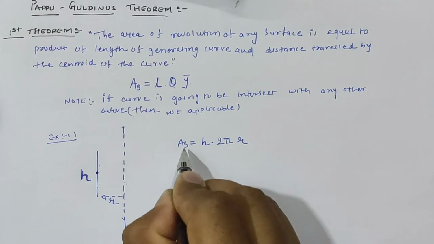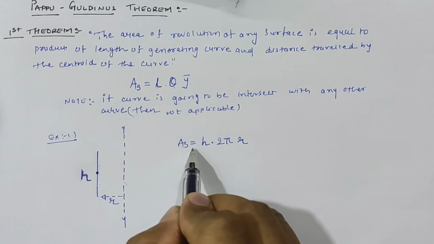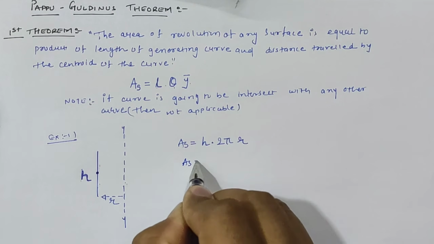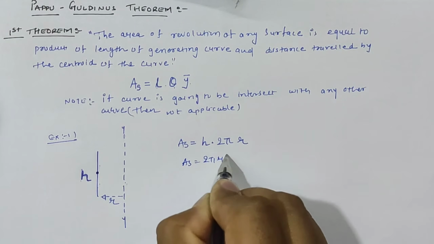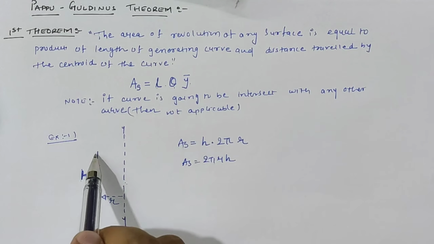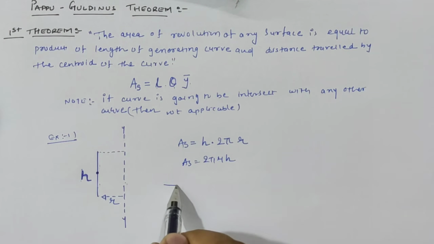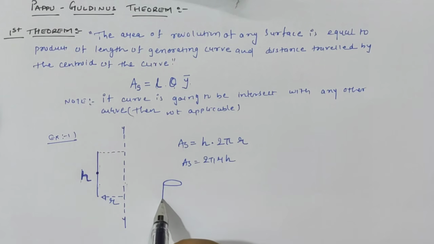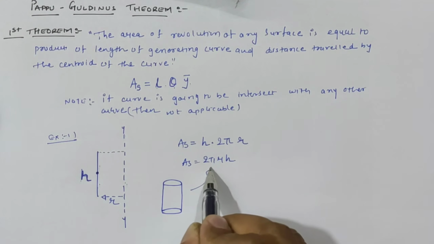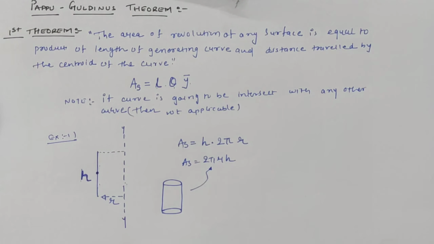So from this we can say that A_S is equal to 2 pi R into H, and this is the generating curve, and we know that for the particular cylinder the surface area is 2 pi R into H. So we can calculate any surface area with the help of Pappus-Guldinus theorem.